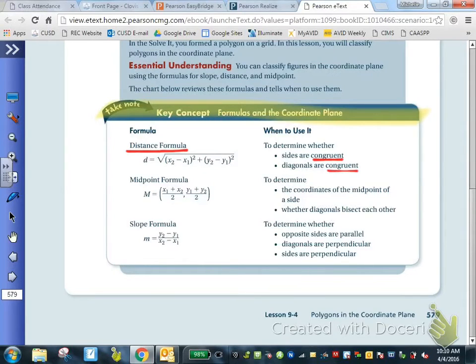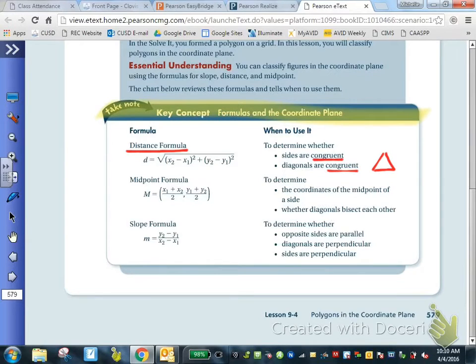Okay. So let's say, for example, I ask you to prove, because what we're going to do is I'm going to give you a shape on the coordinate plane, and then I'm going to ask you to name it using the most precise name, and your math work is going to be the proof that it is that name. So for example, say I give you a triangle, and I tell you it's equilateral.